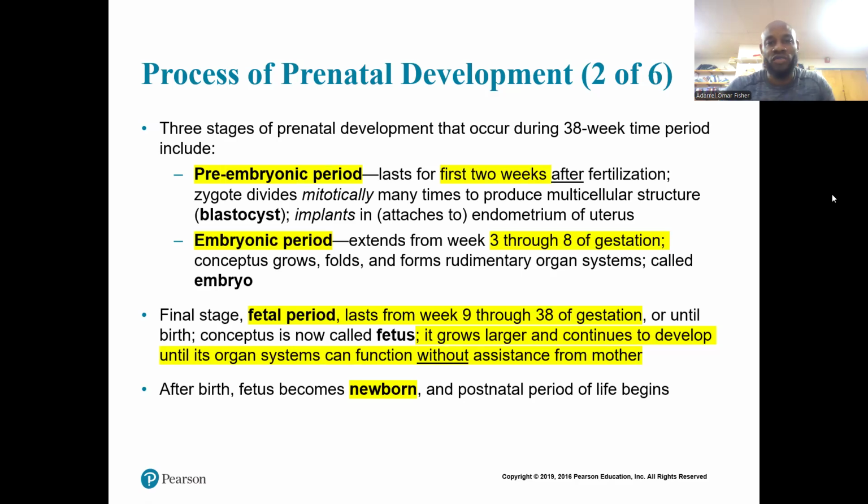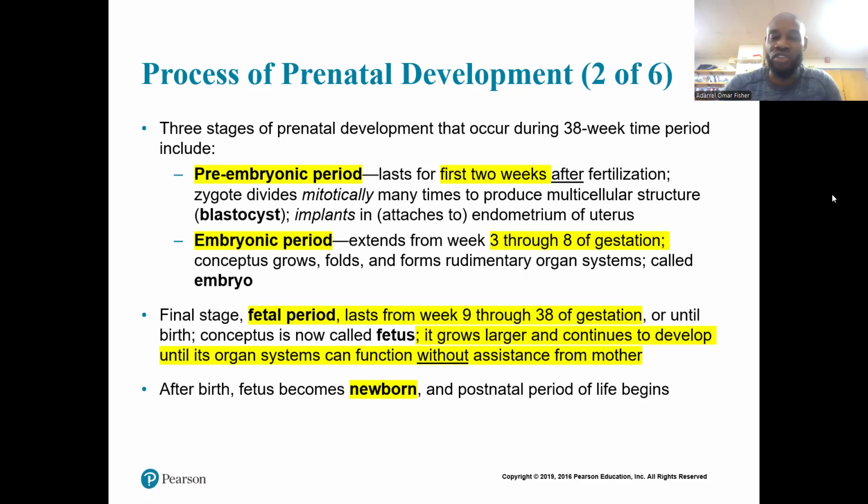The process of prenatal development: the pre-embryonic period is for about 2 weeks after fertilization. So sperm and egg come together and form a zygote. It divides by the process of mitosis many times, forms a blastocyst, and implants into the endometrium of the uterus.